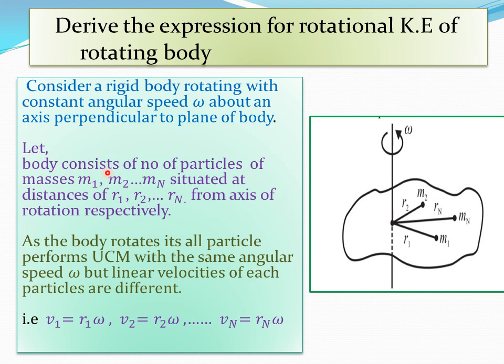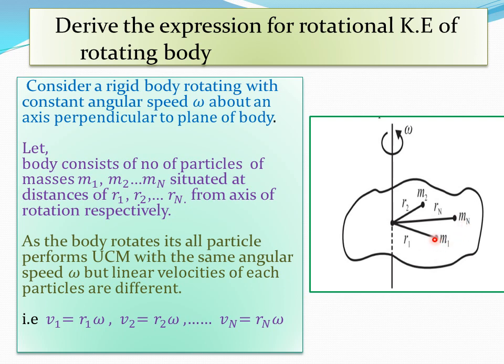Let the body consist of a number of particles of masses m1, m2, m3, m4 up to m of n, situated at distances r1, r2, r3, r4 up to r of n from the axis of rotation respectively. So this is the rigid body, and it consists of a number of particles m1, m2, m3, m4 up to m of n.